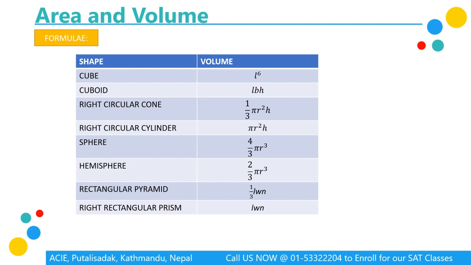I will not be going into brief about what is area, what is volume. We all already know what it is. Area is basically found using the formula L times B or L square, to find out how much a certain 2D object covers in a plane.